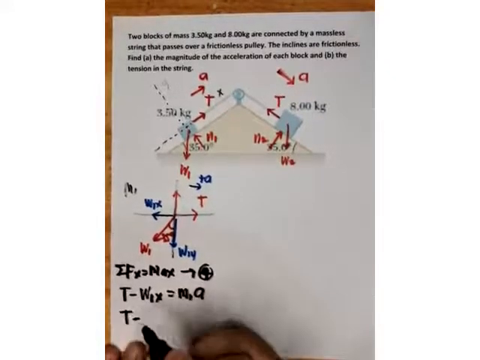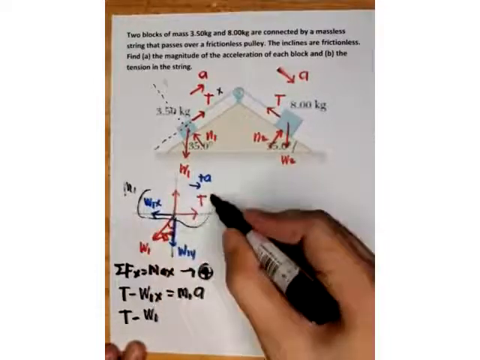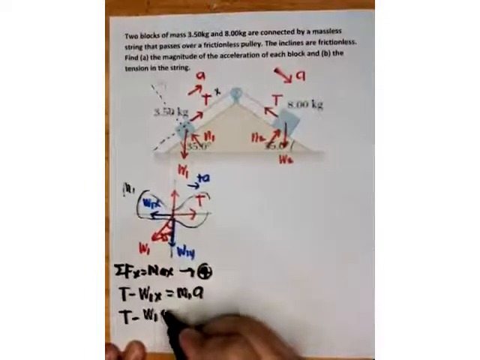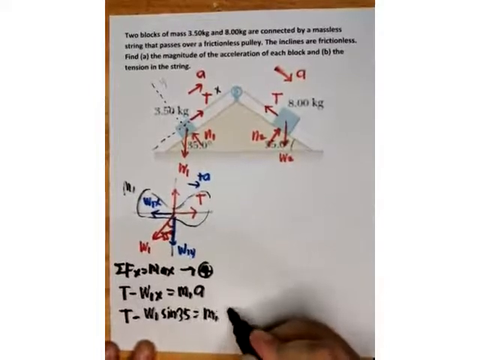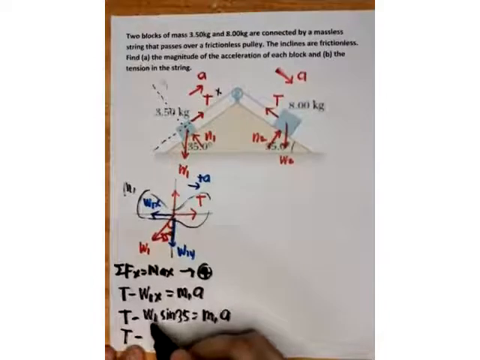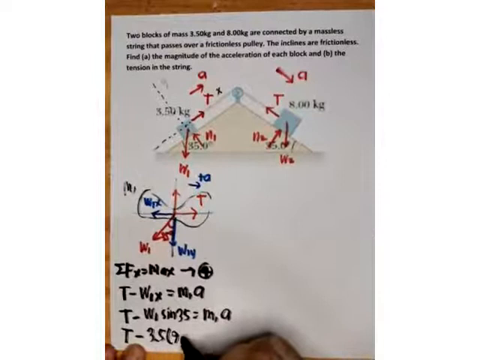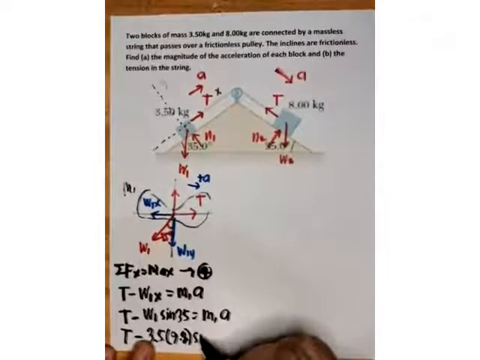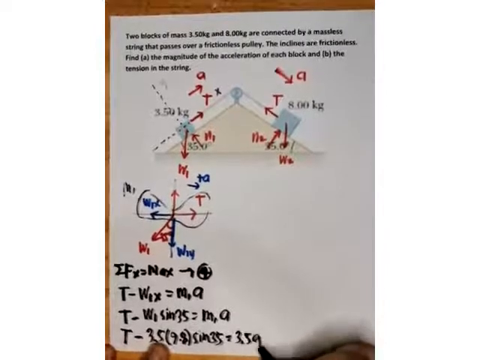So angle is X yung kinukuha, so it should be sine 35. So tension minus weight 1 is 3.5 kilograms times 9.8 times sine 35 is equal to 3.5 A.